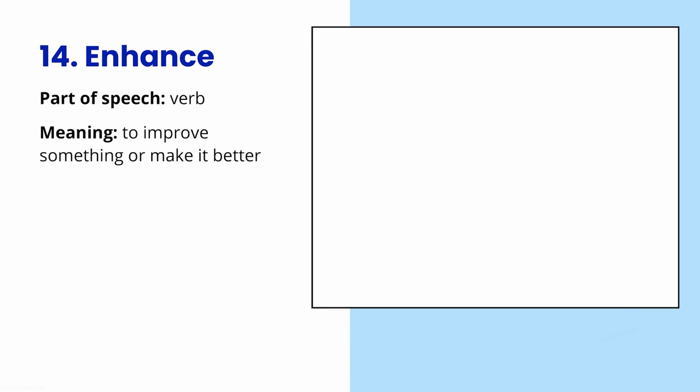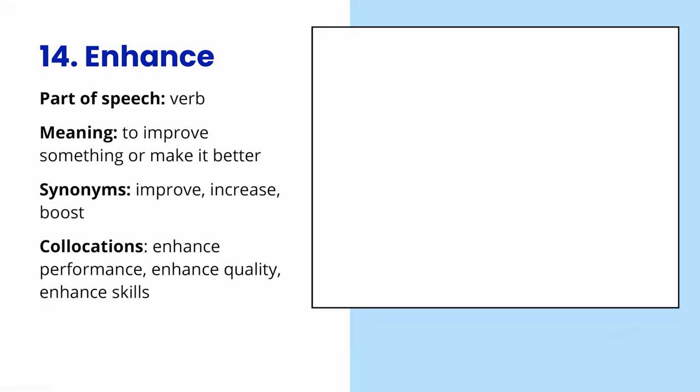Moving on to 14, which is enhance. Enhance is a verb and it means to improve something or to make it better. Synonyms: improve, increase, or boost. Collocations: enhance performance, so improve performance, enhance quality, to make the quality better, and enhance skills.